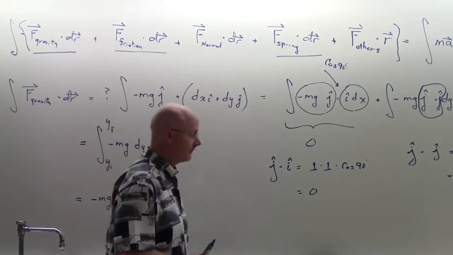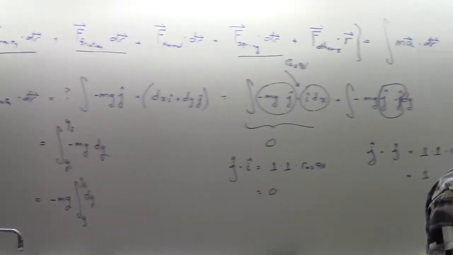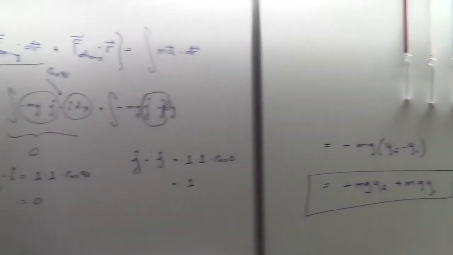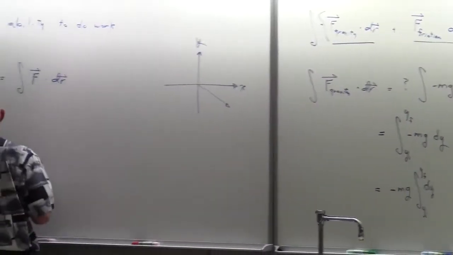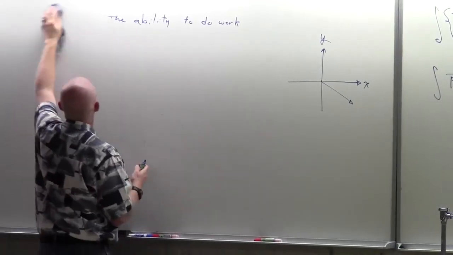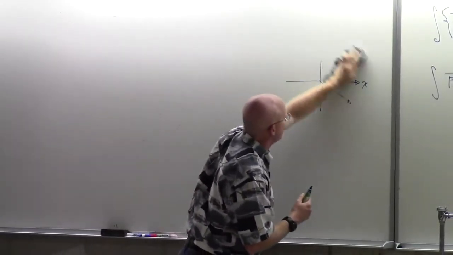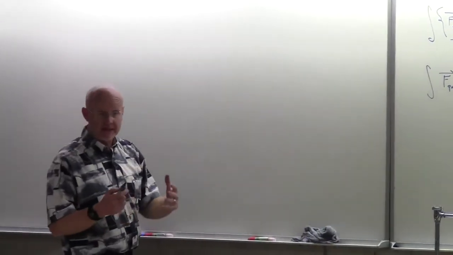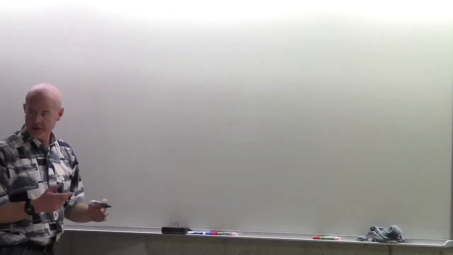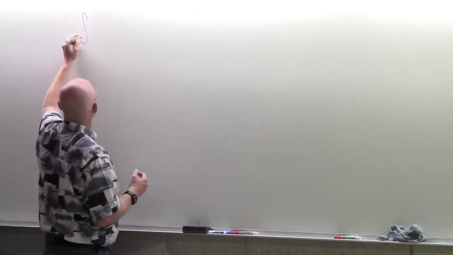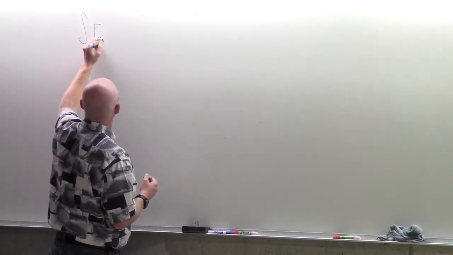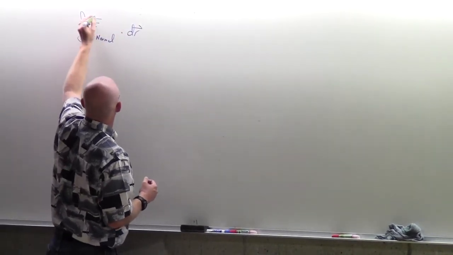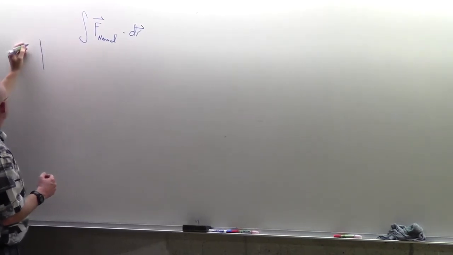How about this one here? And that one's fortunately a pretty easy one. Normal force. Well, by definition, isn't the normal force perpendicular to the surface? So if I take the integral of the normal force dot dr, well, let's see what I would have.